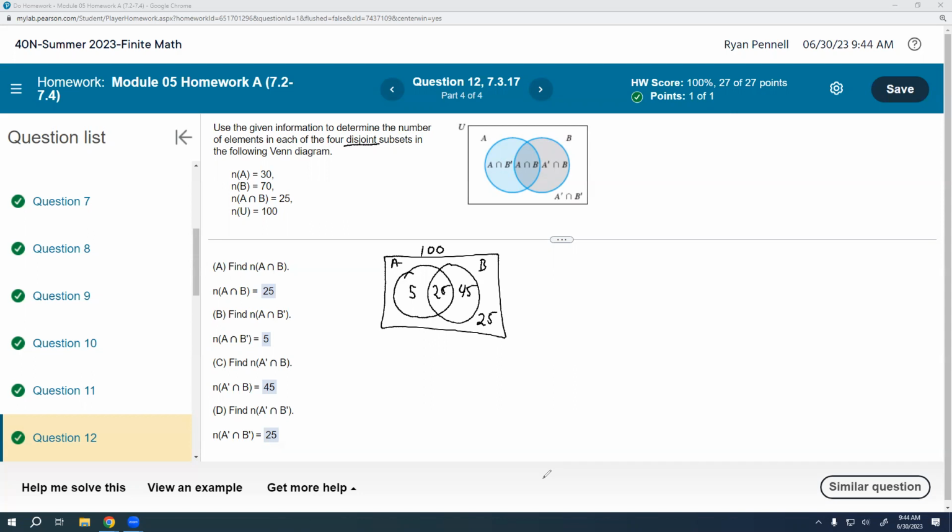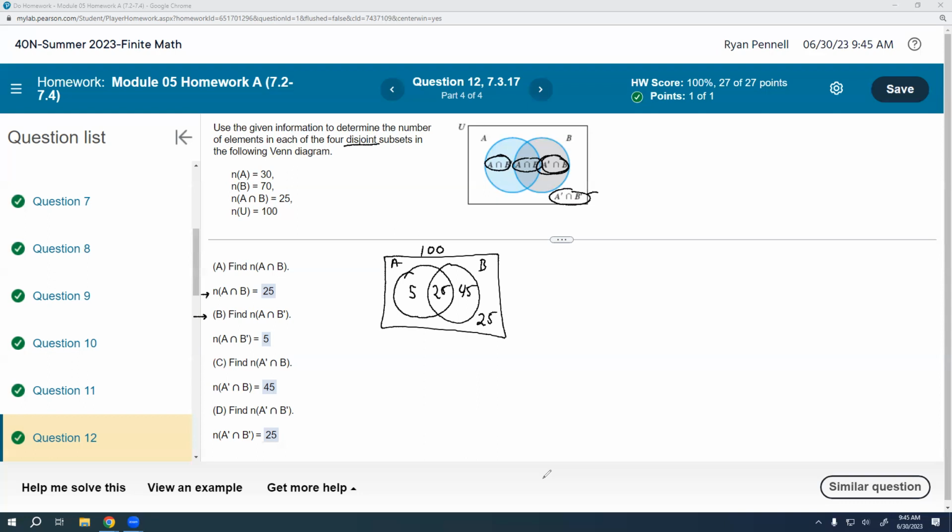And then we see labeled here, these are our sections. You can see that this one is B minus A, A minus B, what they have in common, and then the outside. So over here, what's the number A and B? Well, that's what they share, that's 25. Part B says find A intersect B complement.